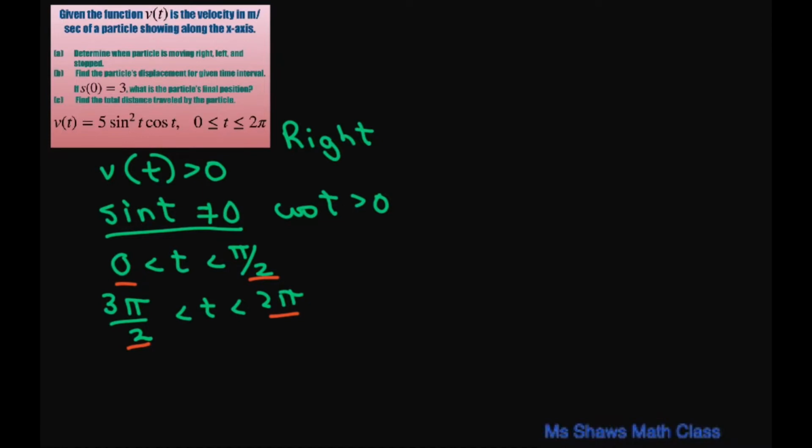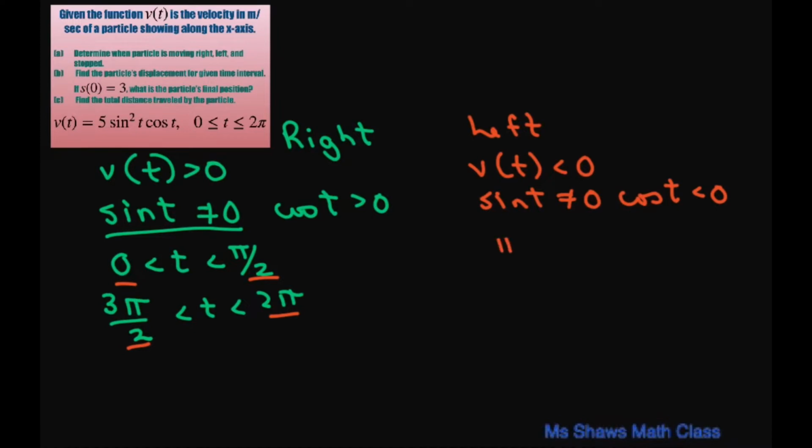All right, for left, we do the same thing, but our velocity of t has to be negative. So that happens when sine of t doesn't equal 0, but cosine of t is negative. That happens in quadrants 2 and 3.